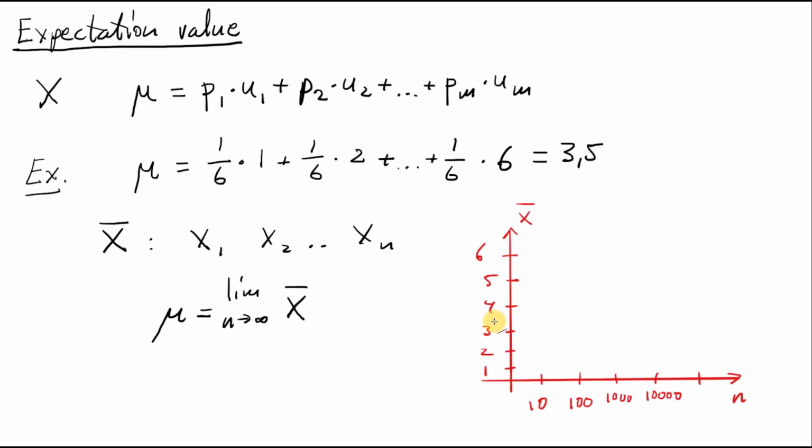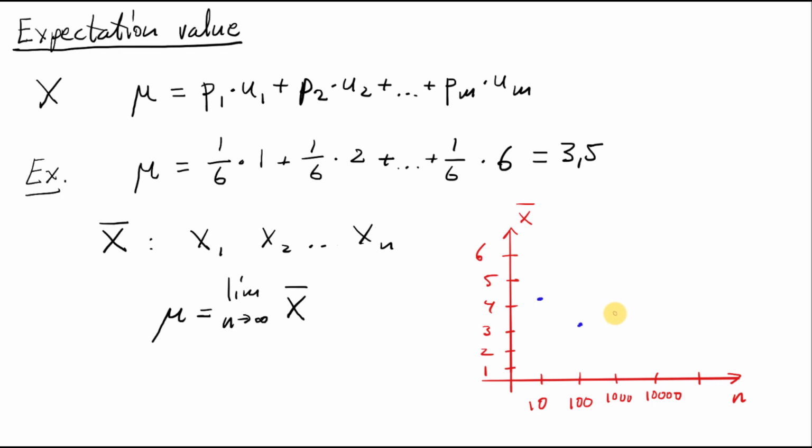So let's say you throw the die n times, and then you calculate the mean. If you throw it 10 times, you could basically get any value. Let's say you get the mean of 4 point something. If you observe it 100 times, you can also basically get anything, but probably close to 3.5. So let's say you got this.